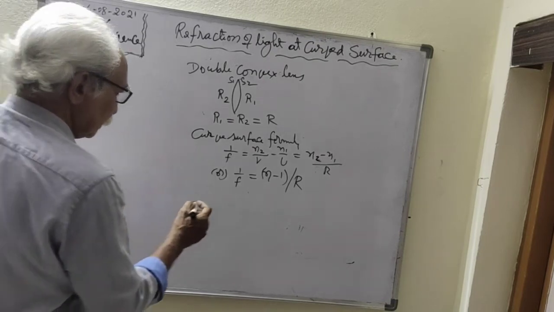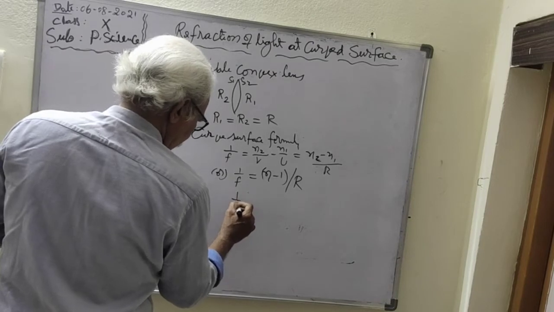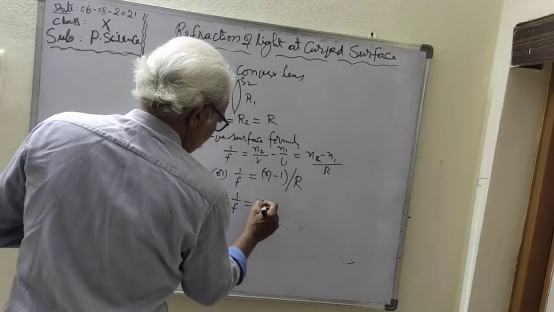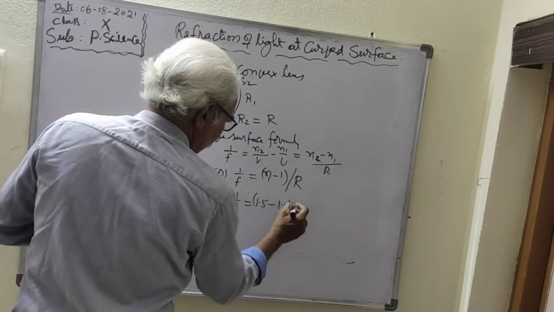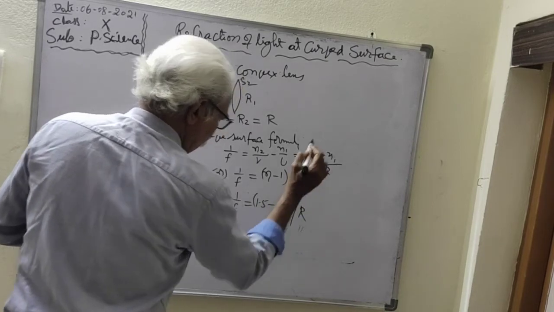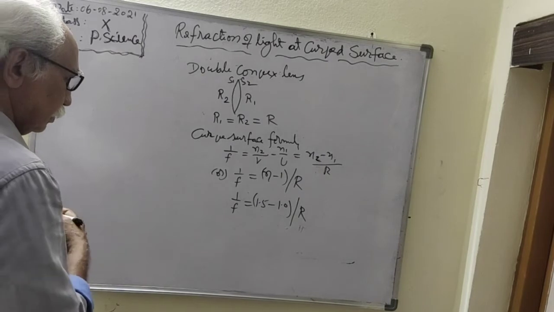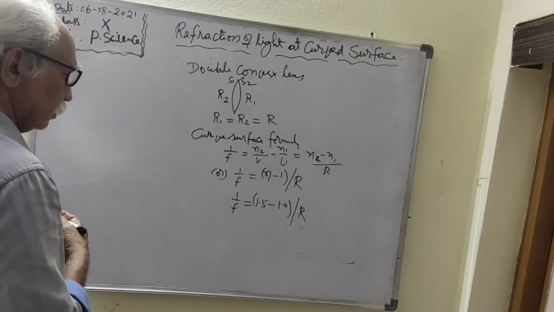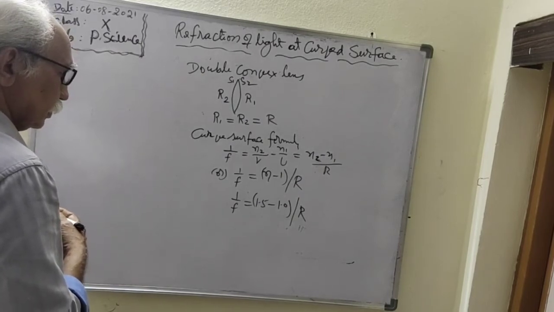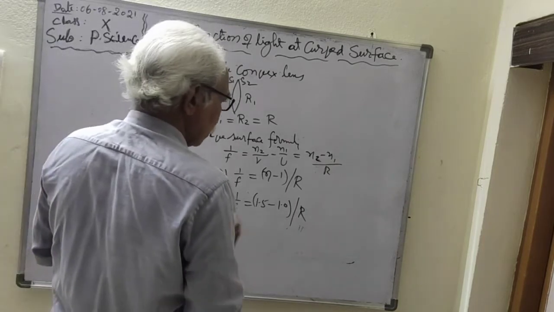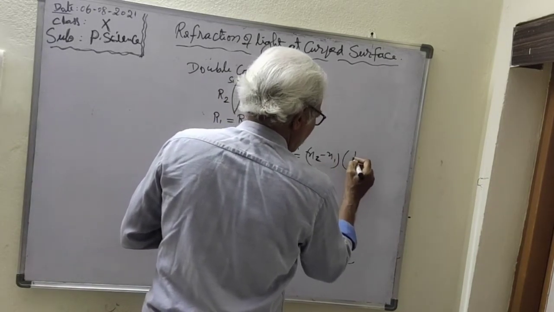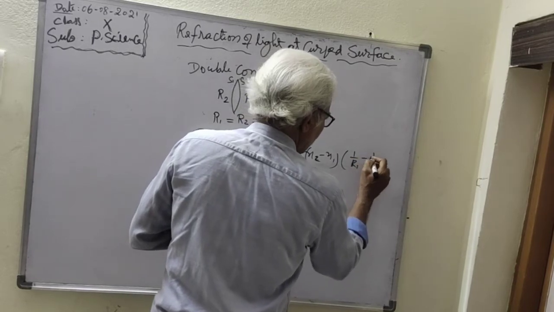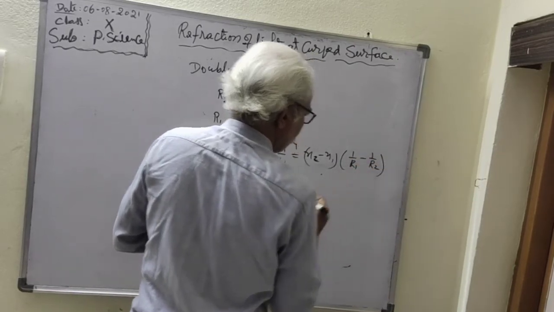So by using this, 1 by f is equal to 1.5 minus 1.0 into 1 by R1 minus 1 by R2. This formula you can take.